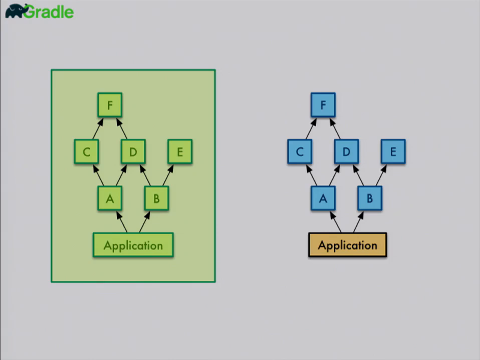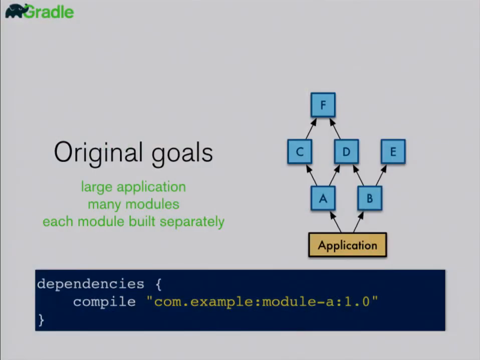So I'd like to focus first on the separately built components approach, because that's what we had in Prezi, and that's what drove this new feature. So you have a large application with many modules, and your dependencies are basically declared as external dependencies on some artifact in Artifactory or something.